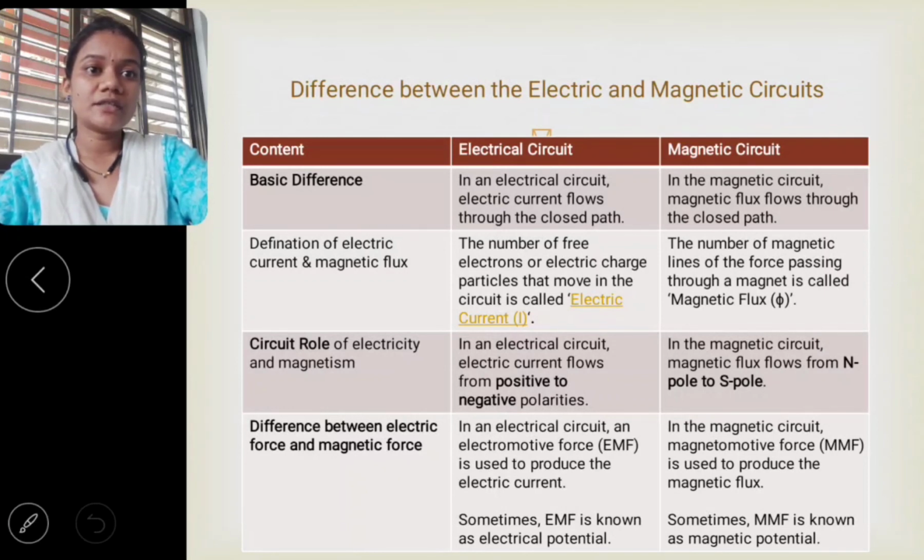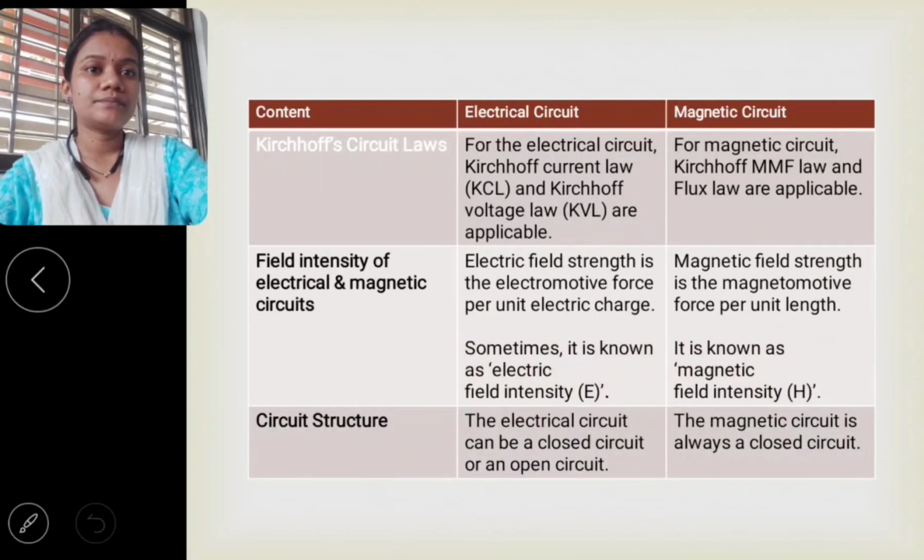In an electrical circuit, electric current flows from positive to negative polarity, but in a magnetic circuit, the flux flows from north pole to south pole. Then the difference between electric force and magnetic force.